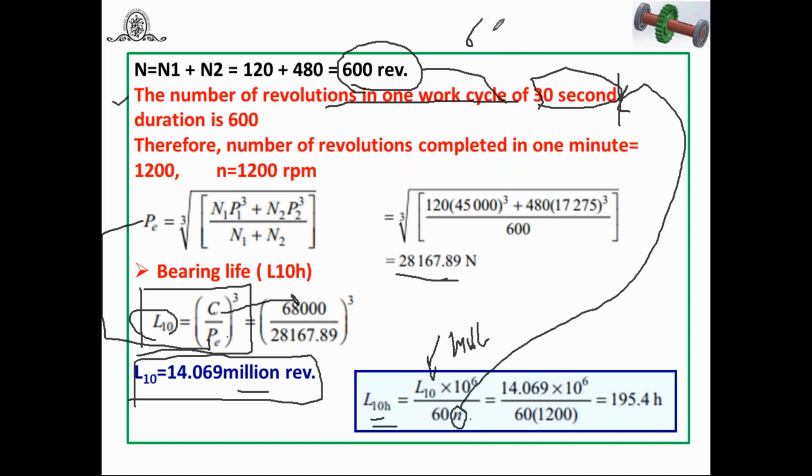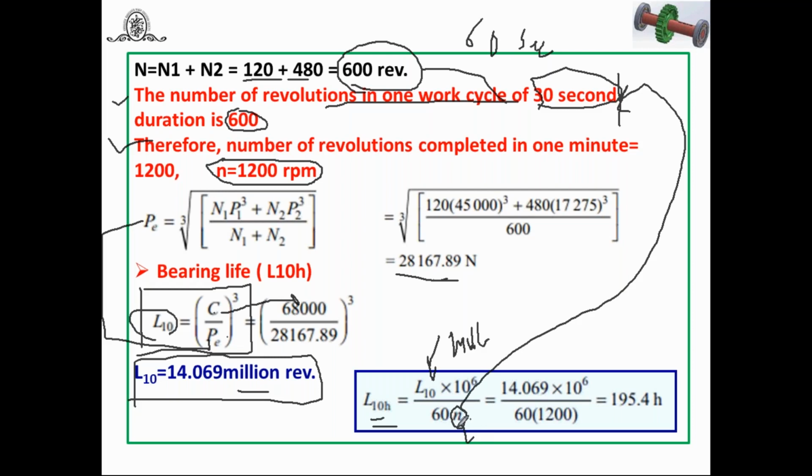For 1 minute, 60 seconds, how much? It's double, 1200. So N is equal to 1200 RPM. Try to understand what I am telling. The number of revolutions in one work cycle of 30 seconds is 600, which is N1 plus N2. But we have to use N here in revolutions per minute.